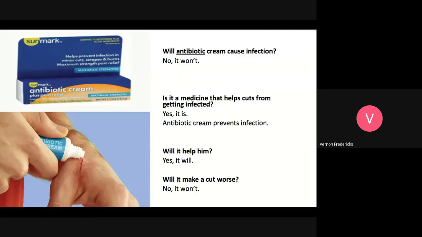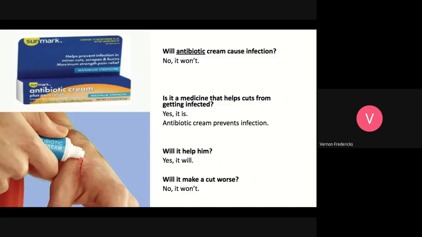So here again, we have two pictures. Let's read. Will antibiotic cream cause infection? No, it won't. Next question. Is it a medicine that helps cuts from getting infected? Yes, it is. Antibiotic cream prevents infection.